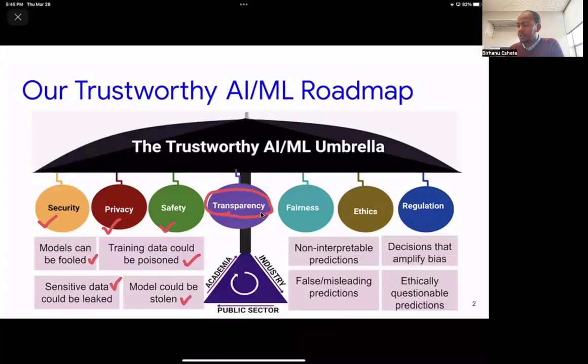So now we're shifting to the other half of the trustworthy machine learning umbrella, specifically talking about transparency or interpretability.